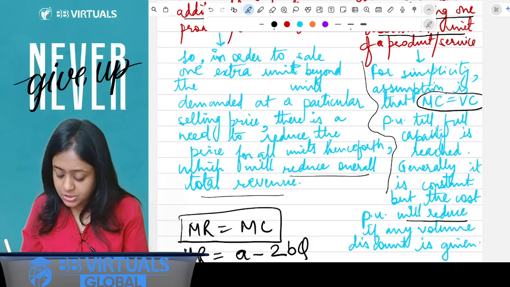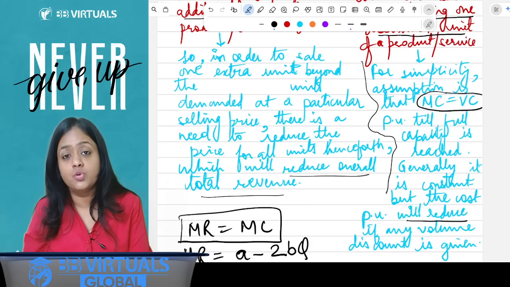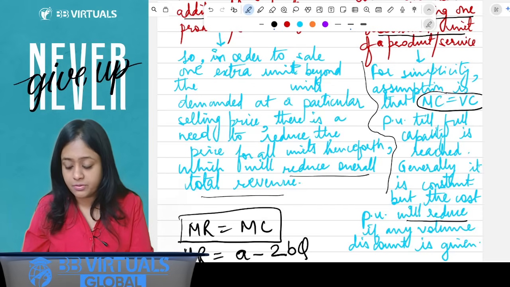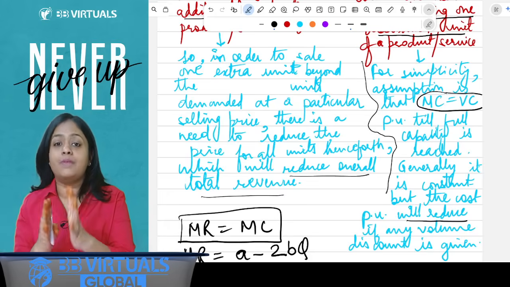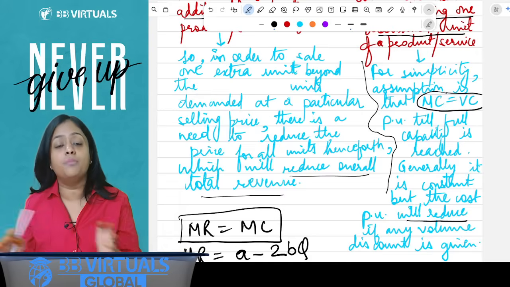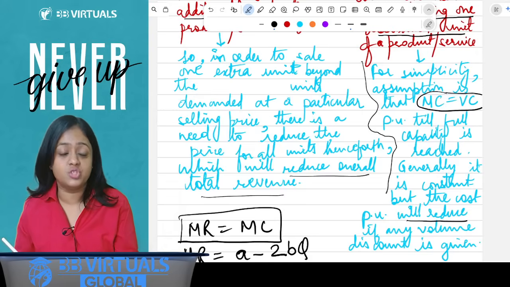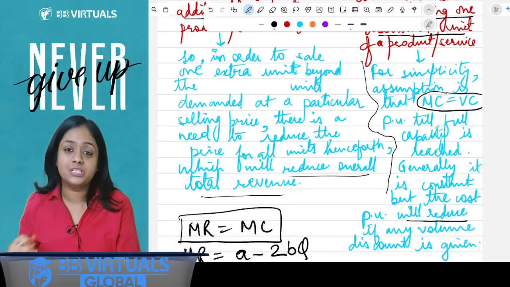Generally, it is the constant price only, but the cost per unit will reduce once any volume discount is given. That simply means that till the level of capacity you will get your normal cost, but beyond capacity, you get volume discounts and economies of scale. So you have a production cost which gets reduced.